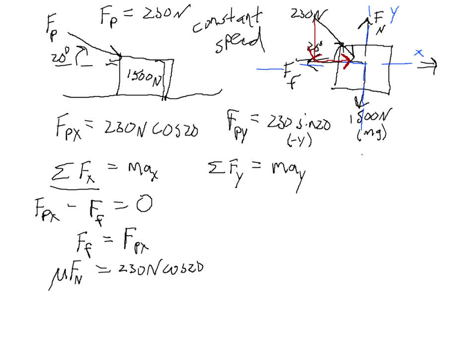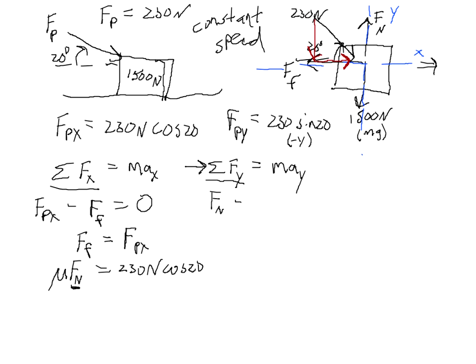Since the goal here is to find the coefficient of friction, I need to find the normal force. And since it's in the y direction, we'll probably have some success using the y version of Newton's second law. Let's put all of the forces that have a y component on the left side of this equation. We have the normal force in the positive y.